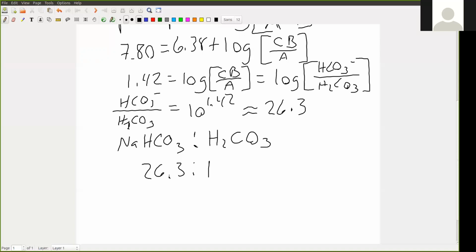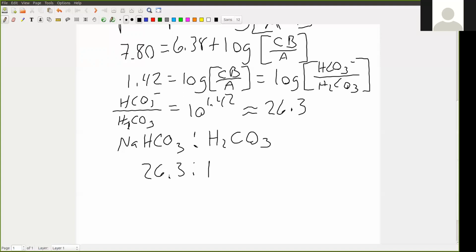This may not be the best example. Oftentimes what you'll want is to pick a buffer that has a pKa closest to the pH you're trying to reach. If something like phosphoric acid has a pKa closer to that pH, you may be more inclined to use phosphoric acid so that you're not wasting chemicals.